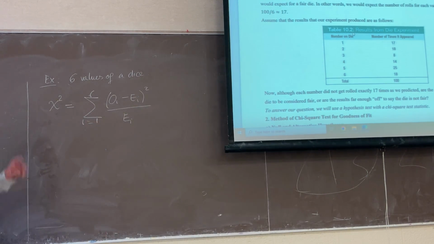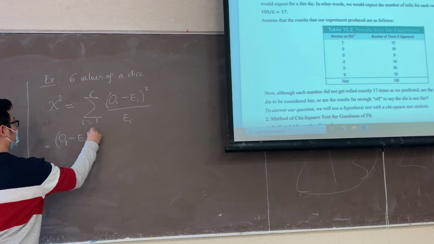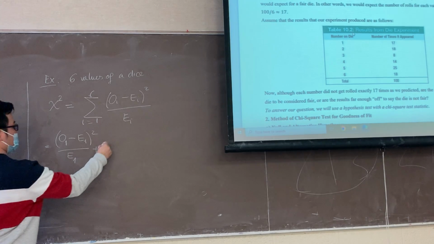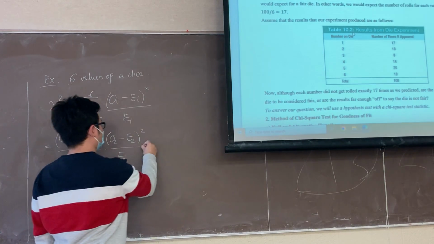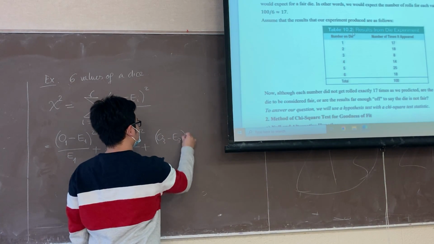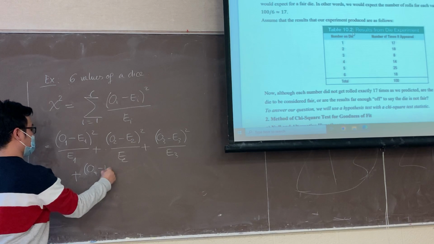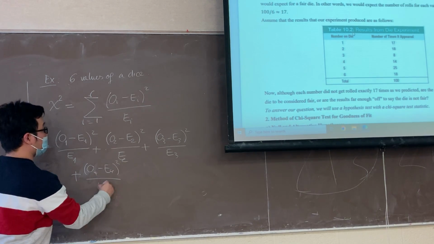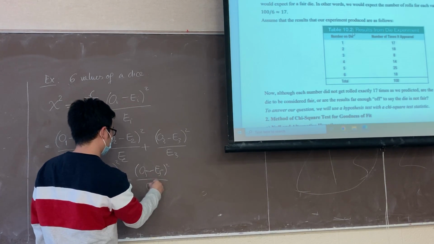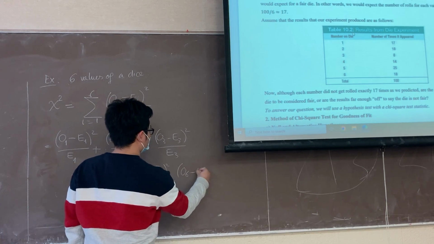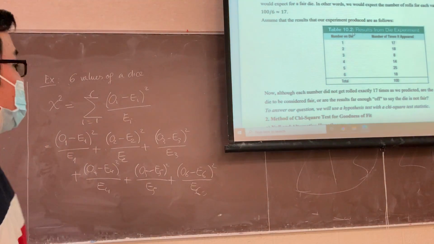In this case, the chi-square will be calculated by (O1 minus E1) squared over E1, plus (O2 minus E2) squared over E2, plus (O3 minus E3) squared over E3, plus (O4 minus E4) squared over E4, plus (O5 minus E5) squared over E5, and plus (O6 minus E6) squared over E6. That's the meaning of this formula.